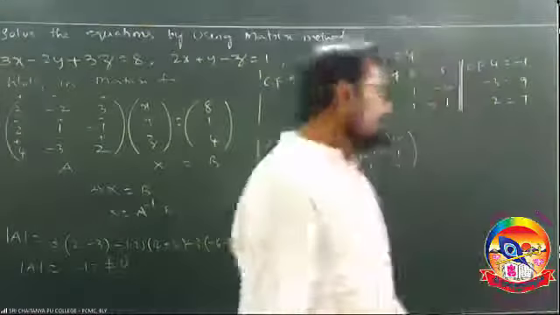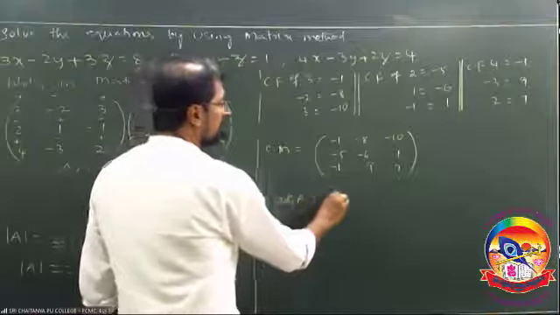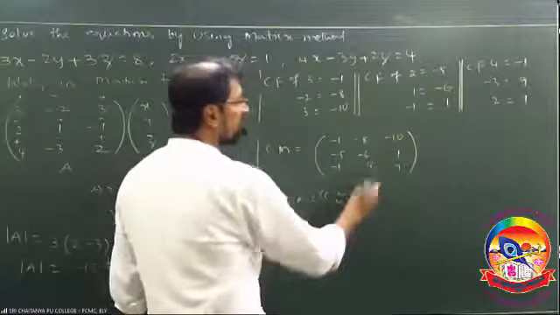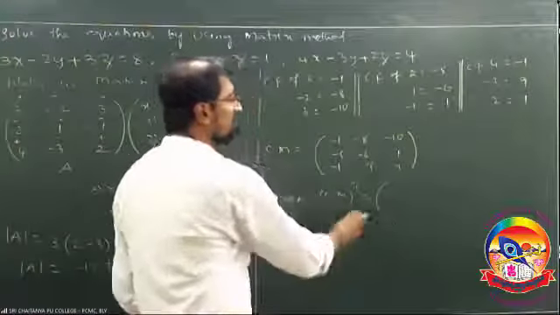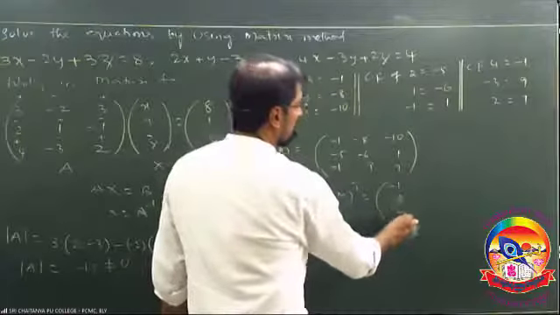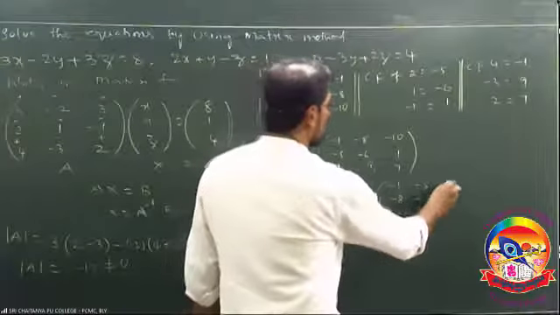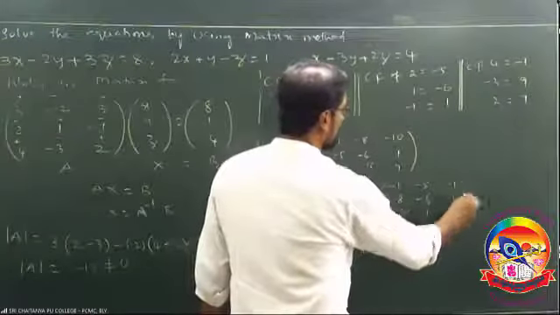Therefore, adjoint A is equal to cofactor matrix transpose, which is nothing but, you just find out the transpose of this one: minus 1, minus 8, minus 10, minus 5, minus 6, 1, minus 1, 9, 7.